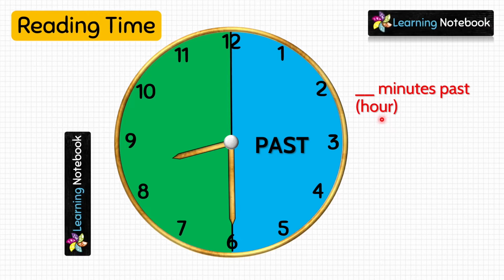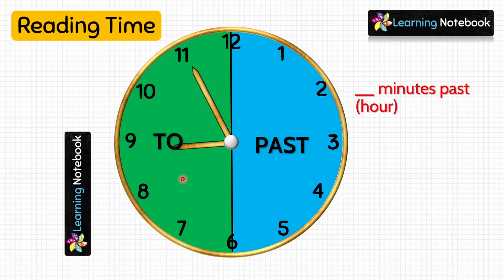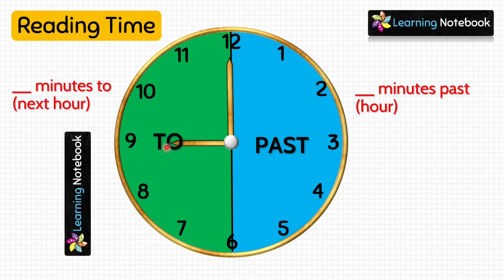Now, when the minute hand is in this green part, or we can say on the left side of the clock, then we read the time as dash minutes to next hour.